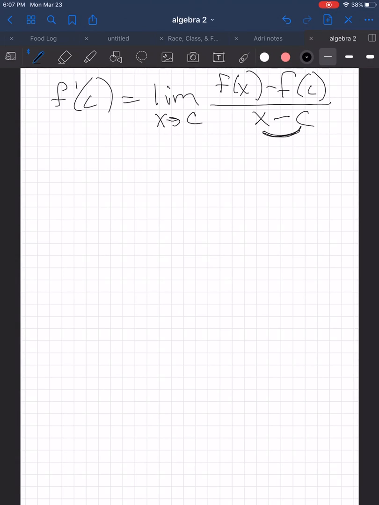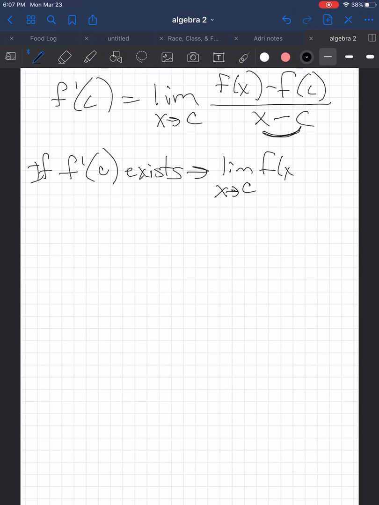On page 421, it says if the derivative exists at c, then the limit as x approaches c of f of x is equal to f of c.